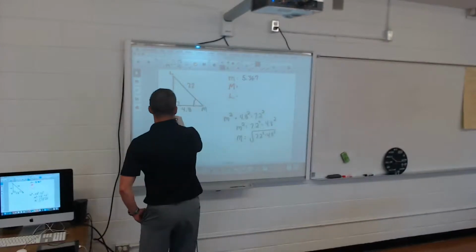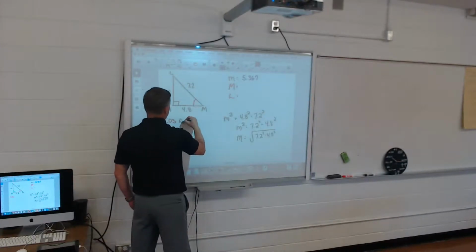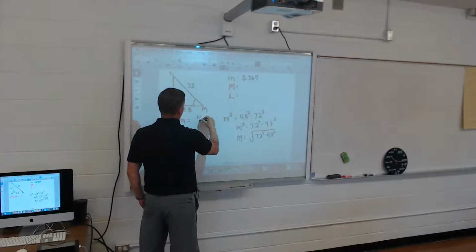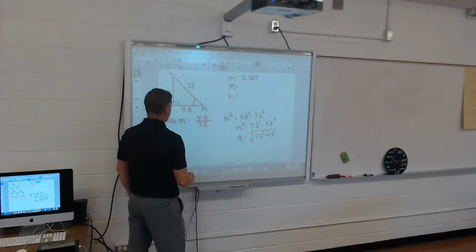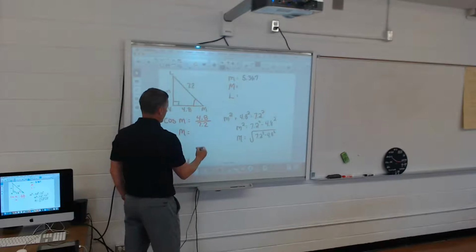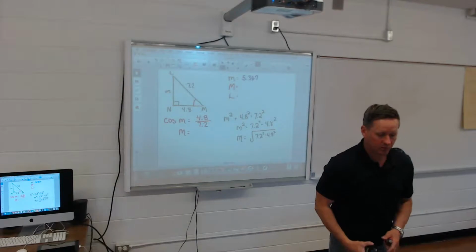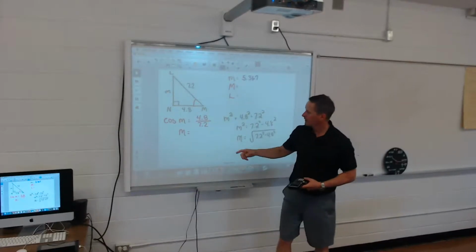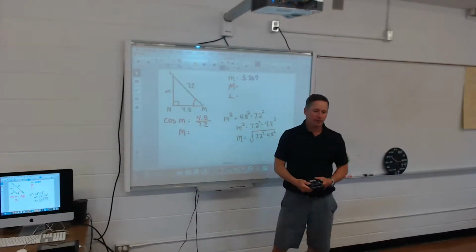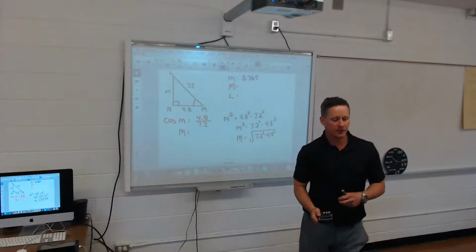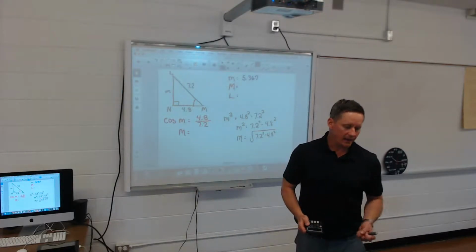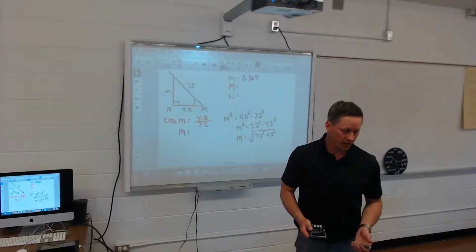So I go cos M equals 4.8 divided by 7.2. M equals. Now here's the second catch in this question. Because I am looking for an angle, I have to use the second function button for the trig.